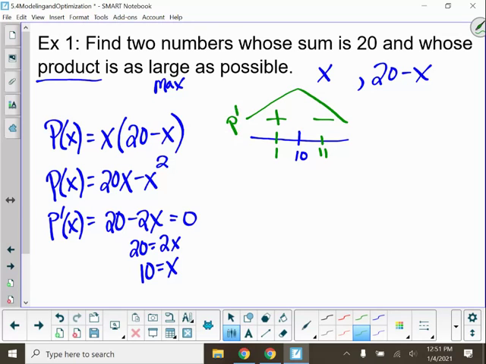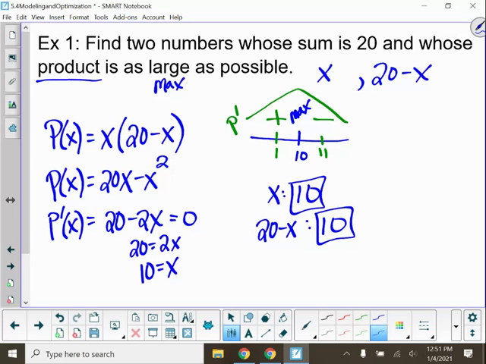So if I check that in P prime, it is going to be a max at 10. So we do have this max at 10, which means the x value is 10, and the 20 minus x value is also 10. So the two numbers whose sum is 20 and whose product is as large as possible are both 10s.